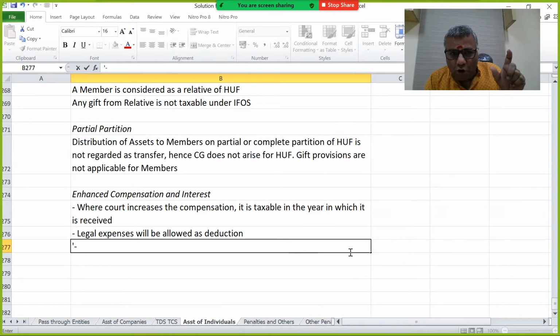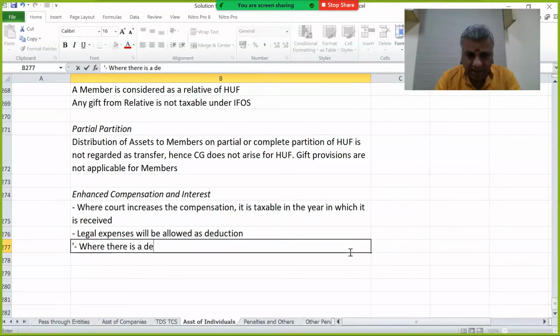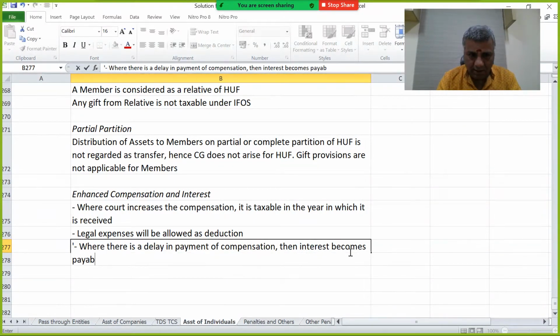Where the court increases the compensation, it is taxable in the year in which it is received. Legal expenses will be allowed as deduction. Where there is a delay in payment of compensation, then interest becomes payable.